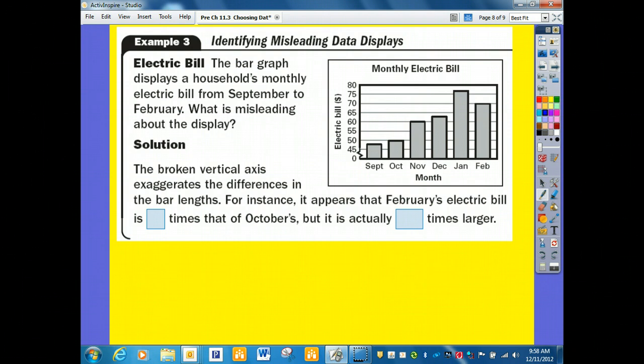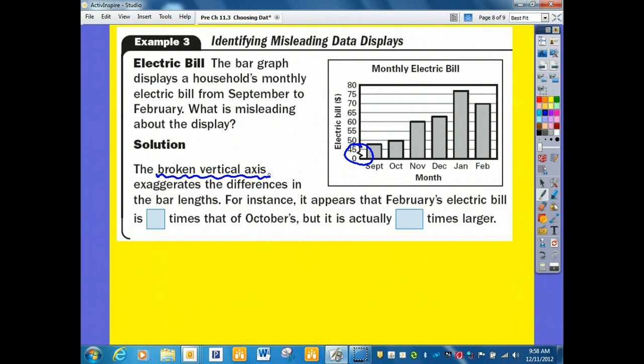If you look at this, the bar graph displays a household's monthly electric bill from September to February. What is misleading about this display? The biggest thing you can see right there is this zigzaggy crack. We call that a broken vertical axis.